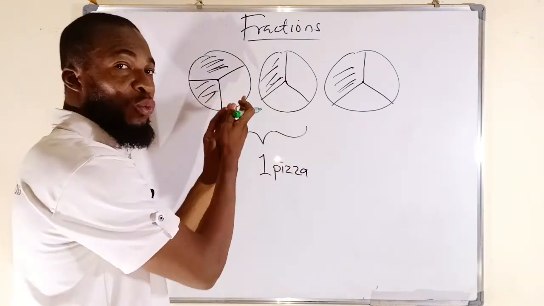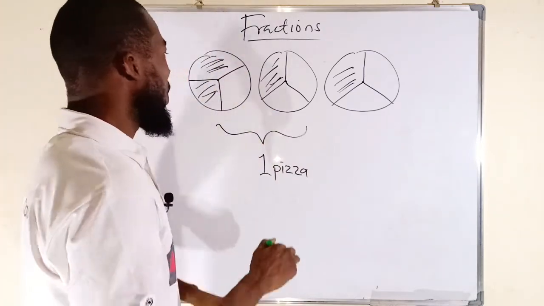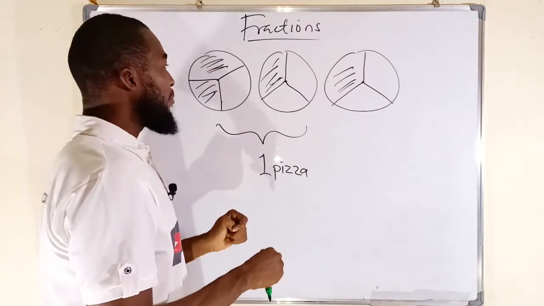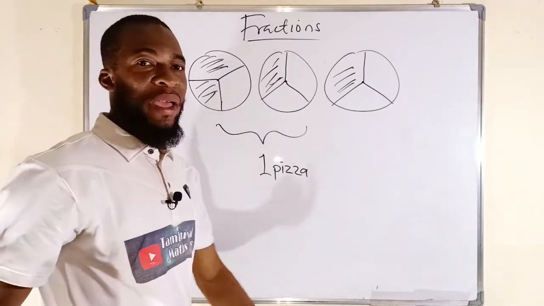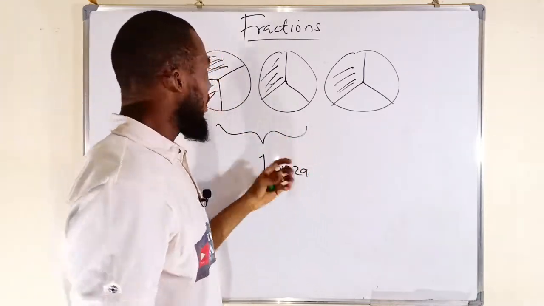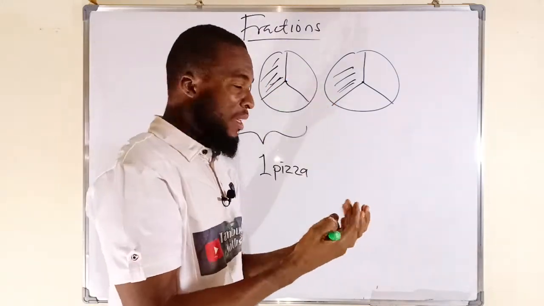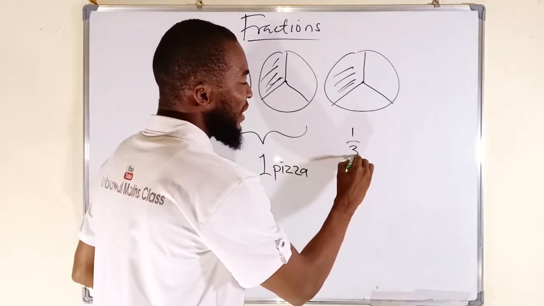I don't mean all these 2 are 1 pizza, but what you have taken is just a single pizza from these 2, because each pizza here has been divided into 3. And according to the picture, 3 portions will make a complete pizza, because 1, 2, 3 is a single pizza. So I have taken 2 here and 1 here, because they are of the same weight. We have a single pizza. Then we have 1 out of 3 to the end.